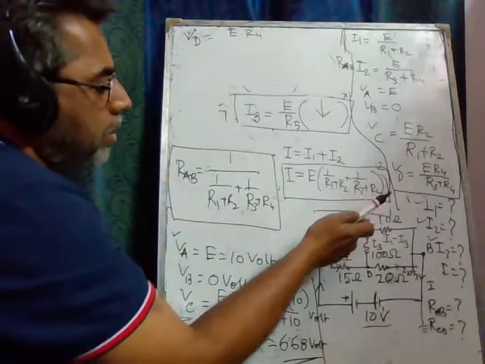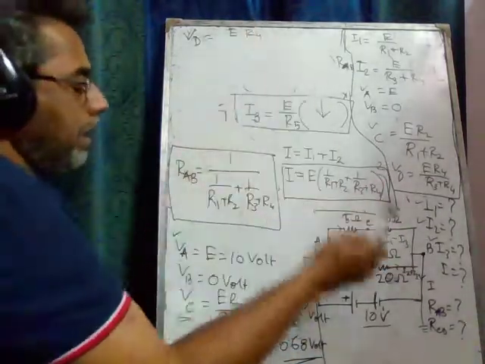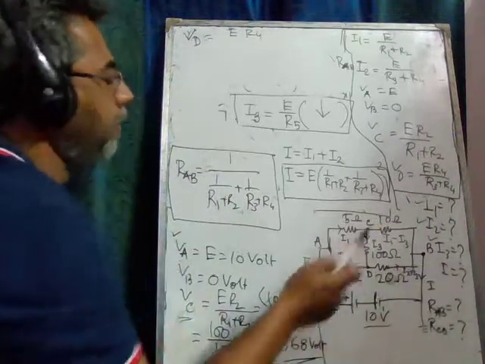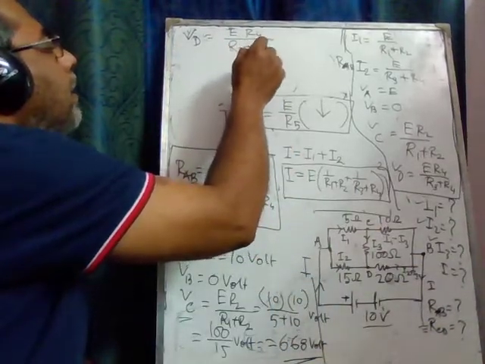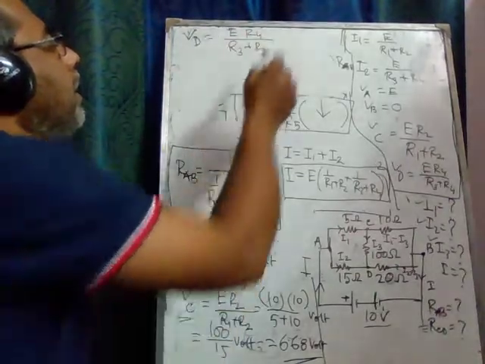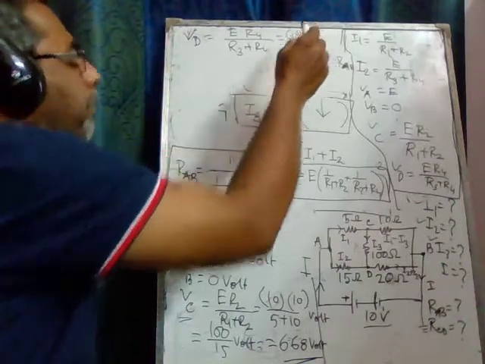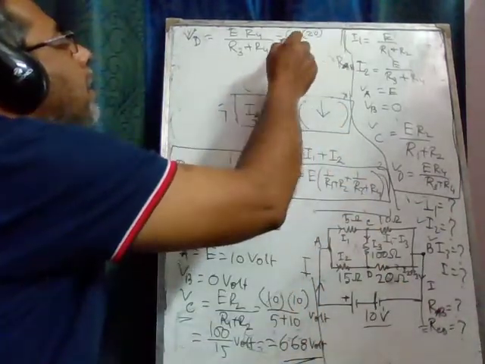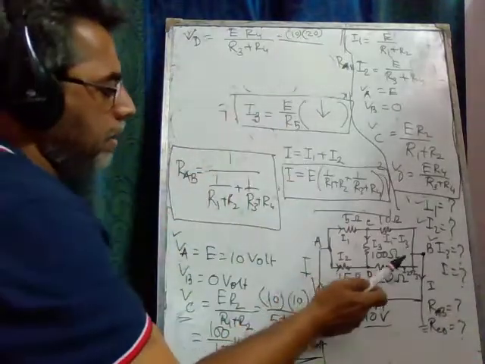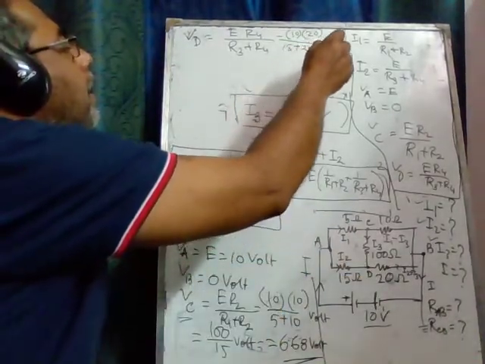According to our diagram, this is R1, R2, R3, R4. R4 is nearer to the negative terminal of the battery. If we put the numerical values, we get 10 volt times R4, which is 20 ohms, over R3 plus R4, which is 15 plus 20.